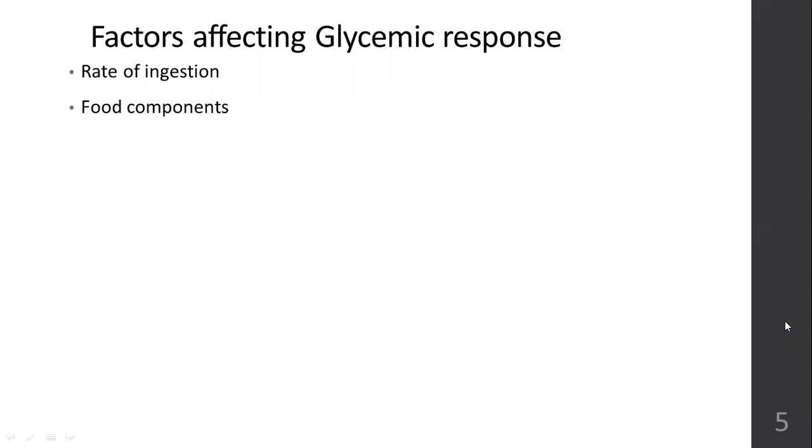Presence of protein and fat will lower the glycemic index. That's the reason why pulses are recommended in a diabetic diet. Pulses and legumes have low glycemic index, and they are a good source of protein as well.